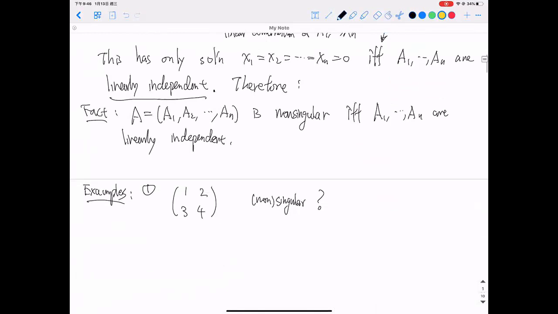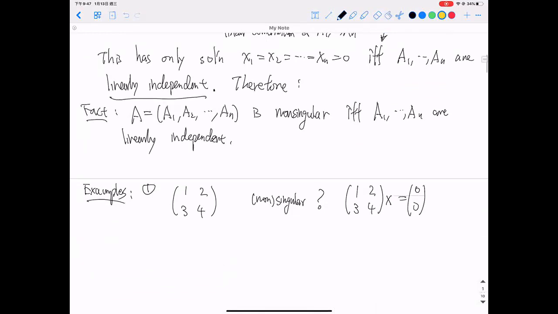In this case, the system to be studied is 1, 3, 2, 4, x equal to 0, 0. By now we've seen a lot of examples of linear systems.